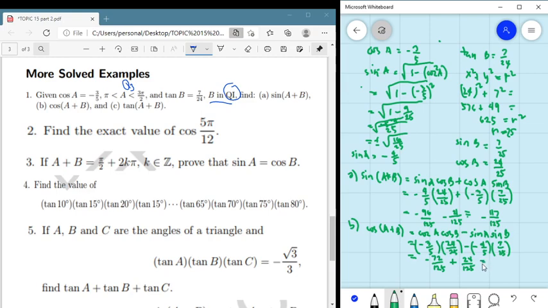So if we subtract them with different signs, 72 minus 28 is 44, so therefore it should be negative 44 over 125. The answer is not far from our book, because in the book sine beta and cosine beta are negative.